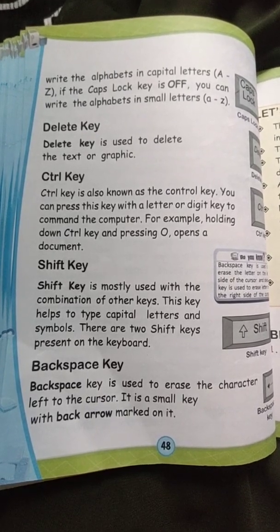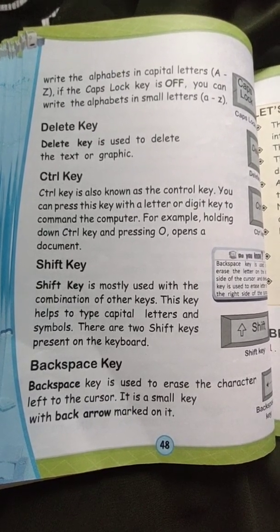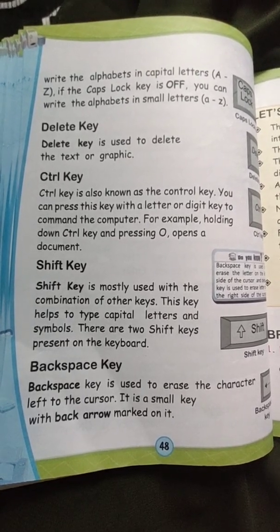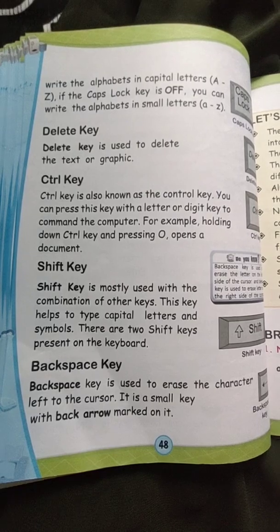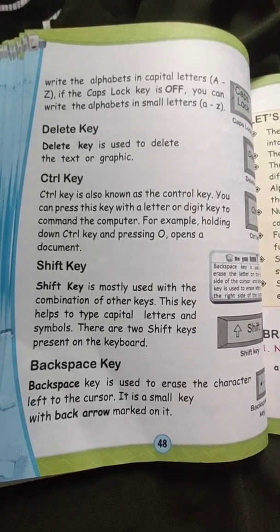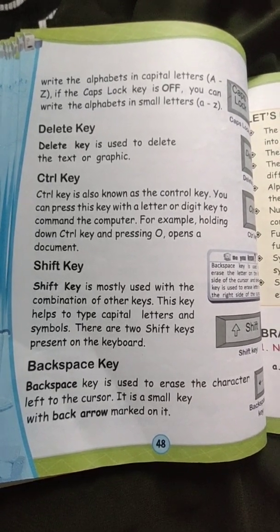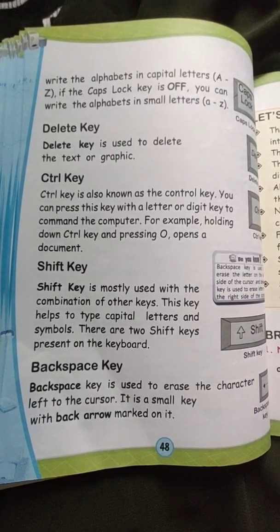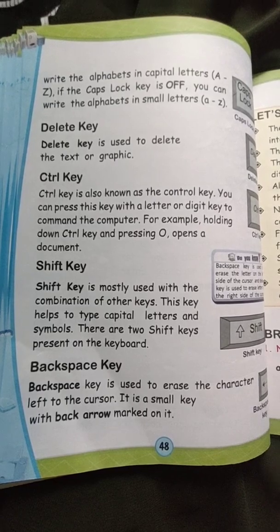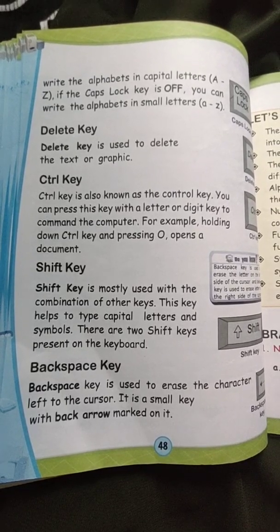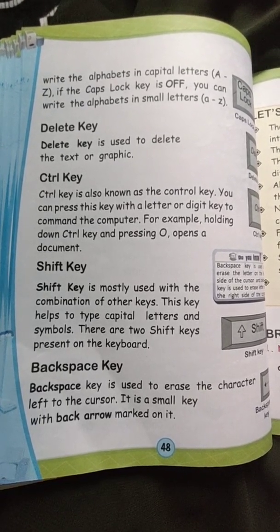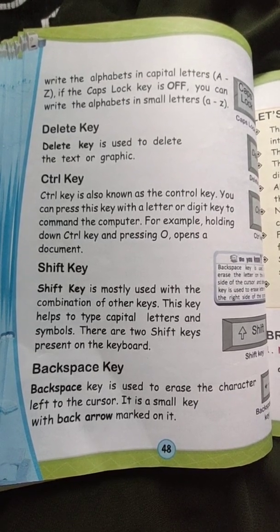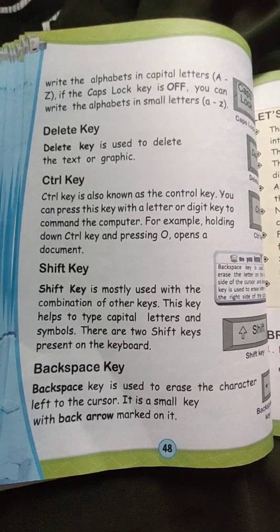So using the control key, you can open a document, you can save a document, you can copy a document. For example, if you want to open a document, then you have to press the control key with the letter O, and after doing this it will open a document.